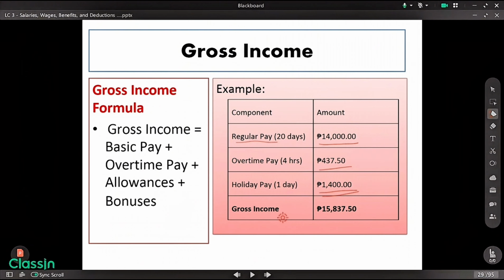So for you to get the gross income, you just need to add all of this. When we add them, you will have 15,837.50 pesos.